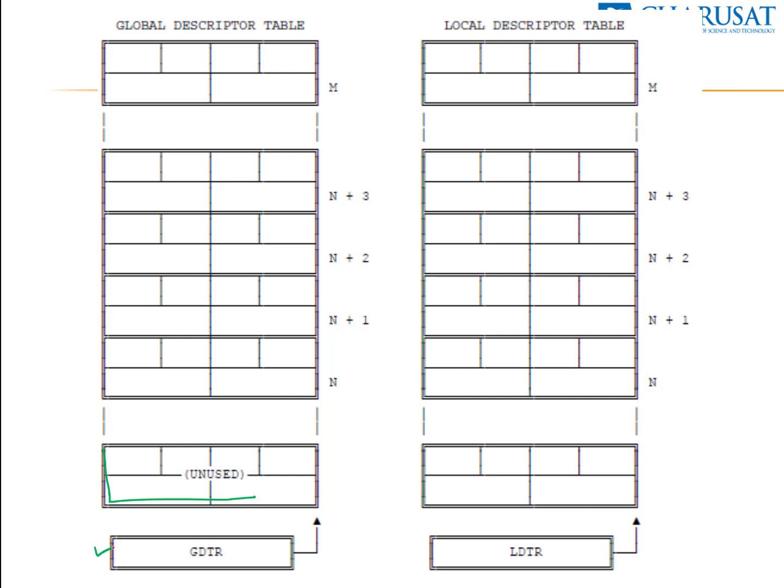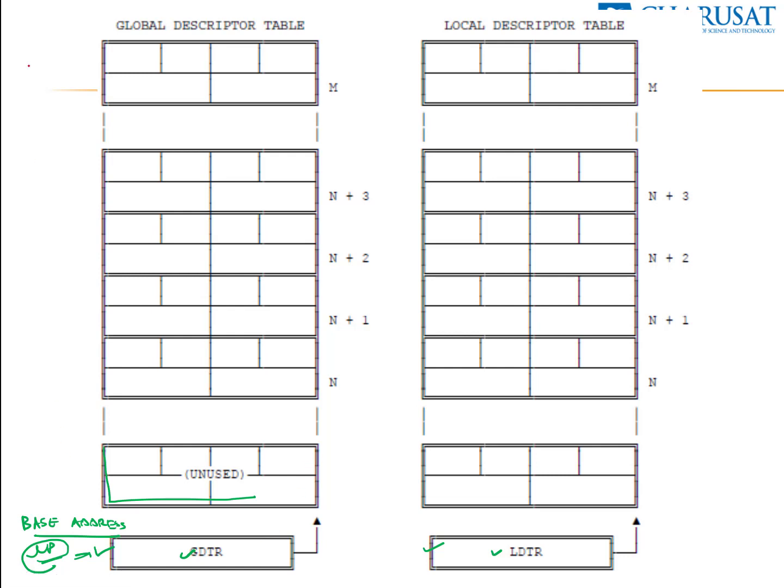But there are two registers in the microprocessor, the GDTR register and the LDTR register, the global descriptor table register and local descriptor table register, which contain the base of the GDT table and the LDT table respectively. So they are part of the microprocessor.